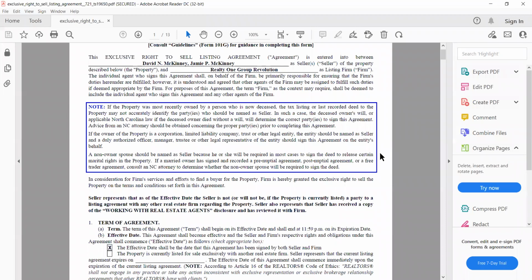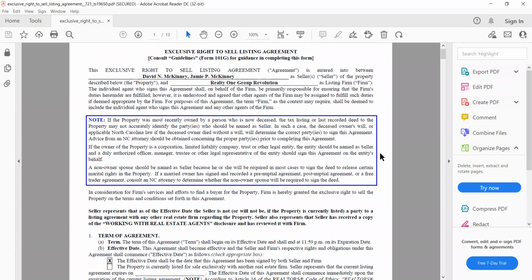And the note says, if the property was most recently owned by a person who is now deceased, the tax listing or last recorded deed to the property may not accurately identify the parties who should be named as seller. So pertaining to names, if you're in that situation where someone has just died, you're listing their property, you may want to consult an attorney. In fact, I would tell you that's probably what you need to do.